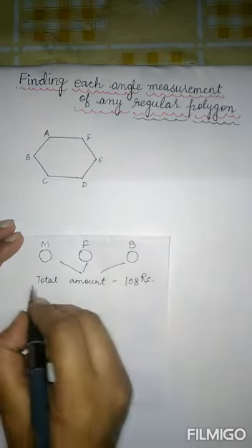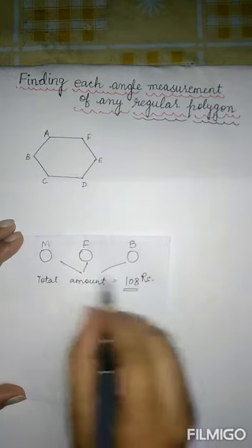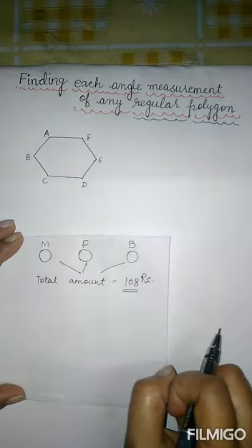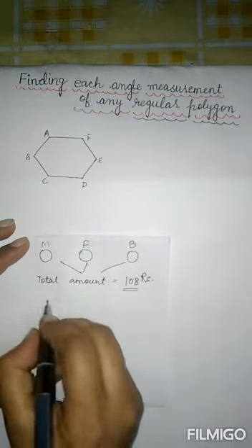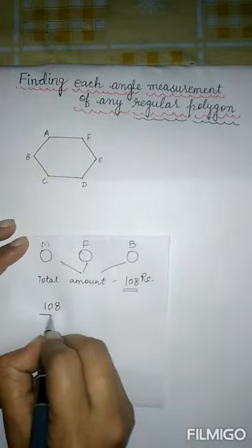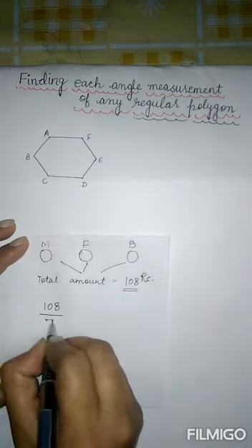Think. If I know the total amount and I know all three have given the same amount, and I want to find one share out of three, what do I do?